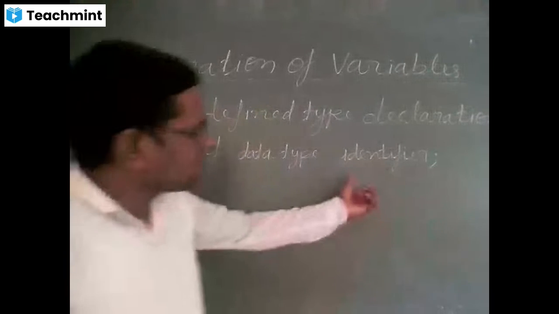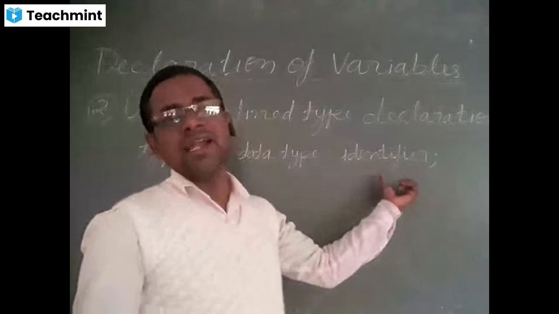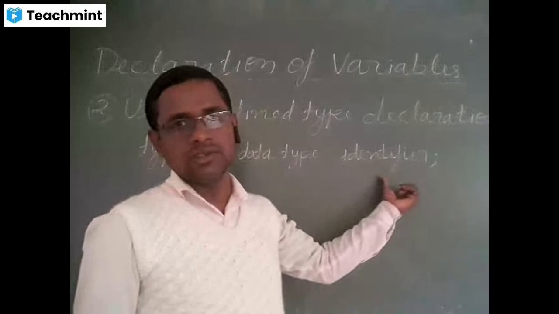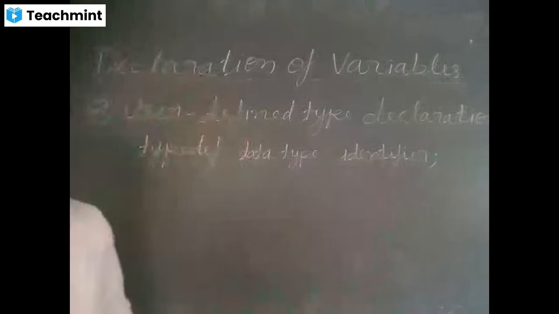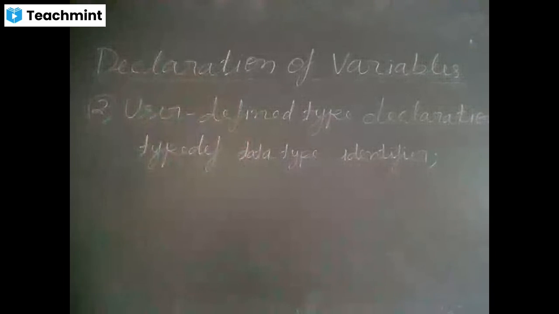Do not get confused about the identifier. We can write the variable name here also. Identifier or variable, both are equivalent. An identifier is something used to identify something; it refers to something, and that is called the identifier.